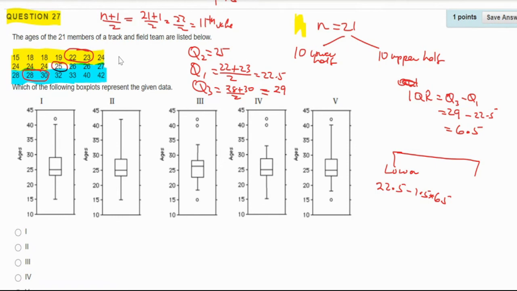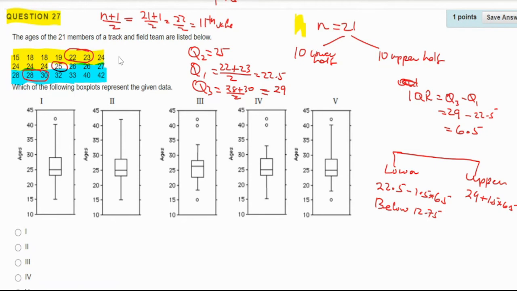I wish someone would do that calculation for us. It's 12.75. So below 12.75, is there anything below 12.75? So no. All right, then let's look at the upper. The upper will be 29 plus 1.5 times 6.5.